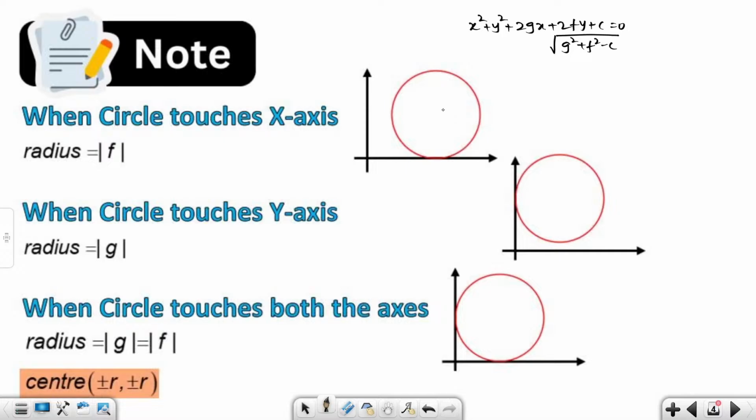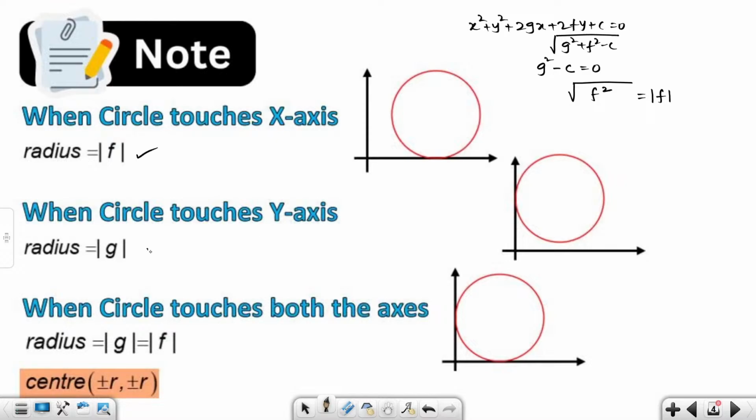Now, when the circle is touching the x-axis, just now we have said that in that case g square minus c will be equal to 0. So from here, the radius in that case will become, since g square minus c is 0, only f square under the root, which gives us only mod of f. That is exactly what is written over here.